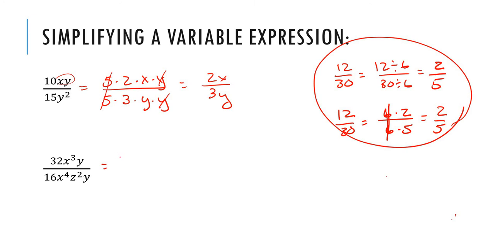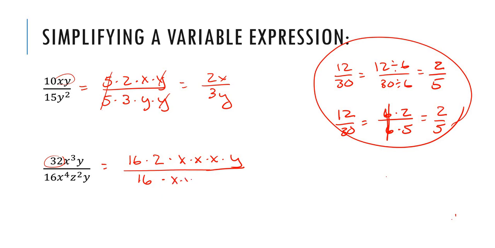So the factors of 32. Well, I happen to know that 32 is 16 times 2. So I'm going to use that because I have a 16 in the bottom that I can cross off. x cubed is x times x times x, and then I do have a y there. At the bottom, I left my 16 whole because I can already cancel those out.